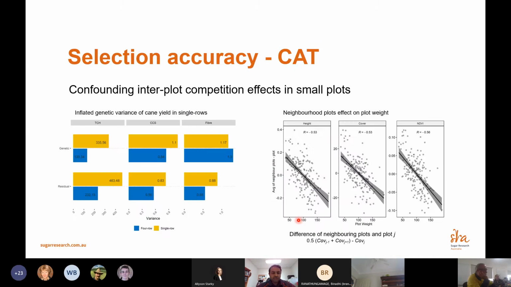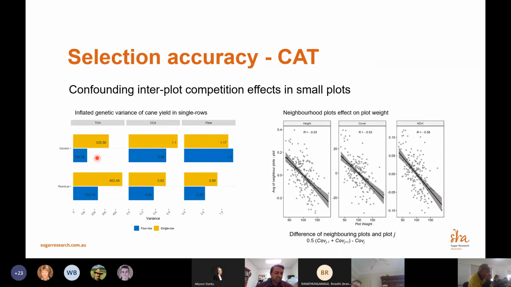They could be due to several reasons, but one of the foremost reasons could be that in small single row plots, there are confounding interplot competition effects. So here on the graph on the left-hand side, we can see the same set of clones that were tested in a 4 row and in a single row.